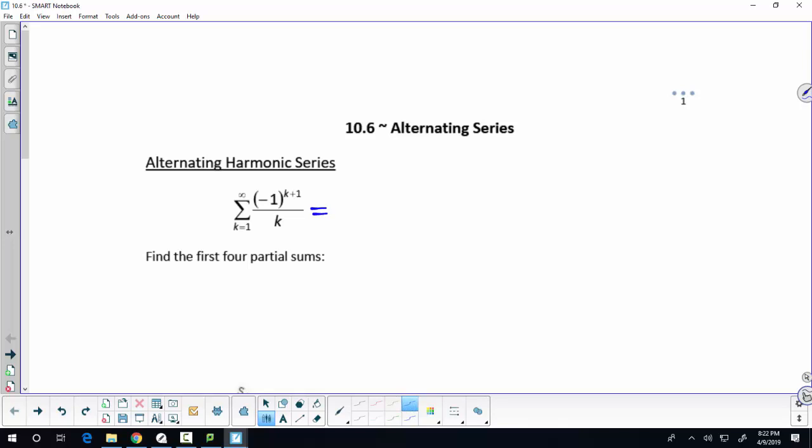Let's write out the first terms of the alternating harmonic series. What would they be? The first term is 1.